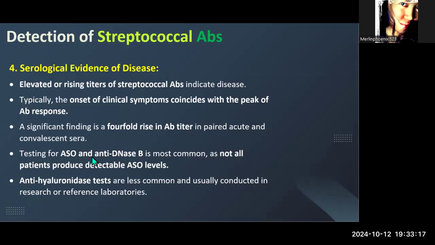Testing for ASO and anti-DNase B is most common, as not all patients produce detectable ASO levels. Anti-hyaluronidase tests are less common and usually performed in research or reference labs.